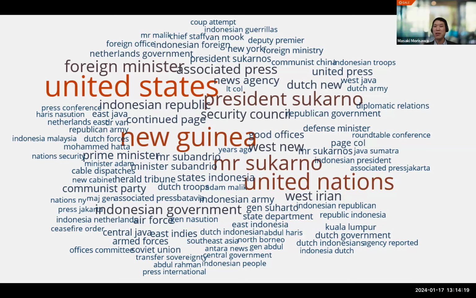So I see phrases like United States, President Sukarno, New Guinea, United Nations. But if you look carefully, you would notice some other interesting things like Dutch troops and armed forces. So you can just look at this word cloud and get new ideas about what is contained in this gigantic mass of text.